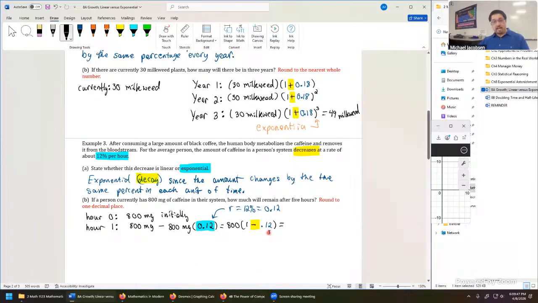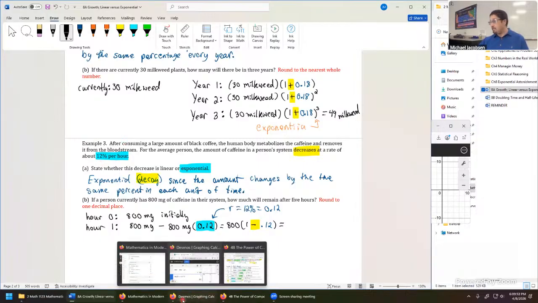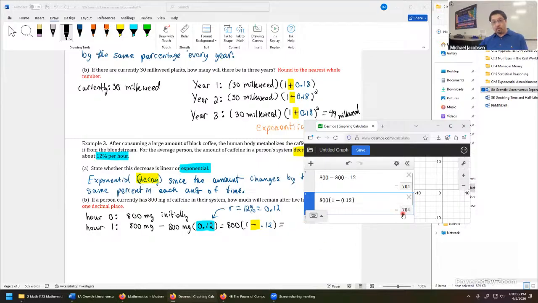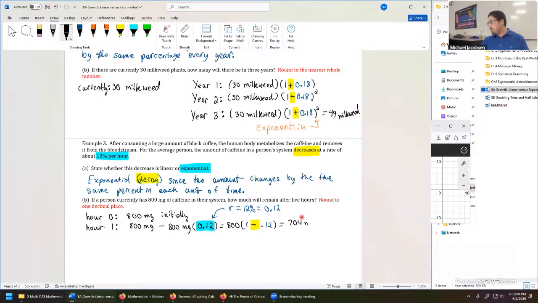And by the way, if you took 1 minus 0.12, that would just be 88%, the amount you're keeping if it's decreasing by 12%. So either way we look at it, we are at 704 milligrams of caffeine. But that's hour one. We need to walk our way up to hour 5, kind of like how we were going down the years on this one. Any questions with this first row here?